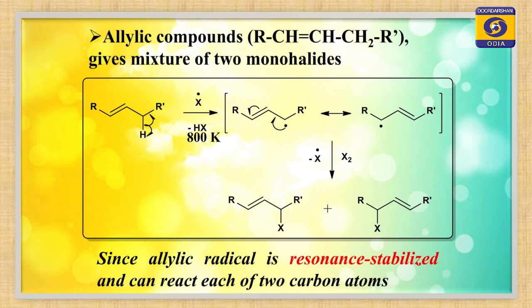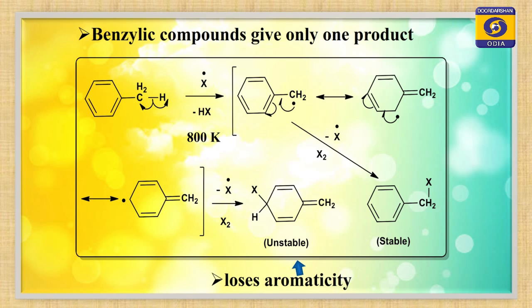Similarly, students, in the next example, if you take a benzylic compound like toluene, then at high temperature heating, the carbon-hydrogen bond undergoes homolytic fission, giving you benzylic free radical. This benzylic free radical undergoes resonance.